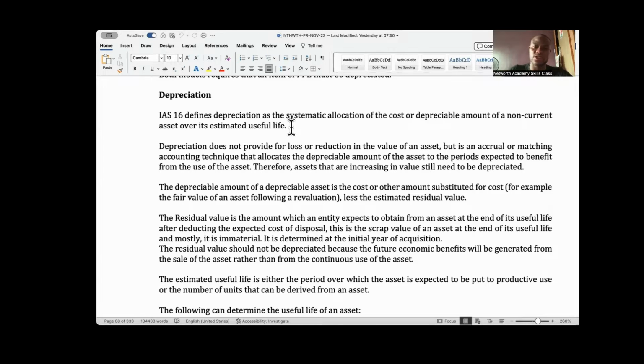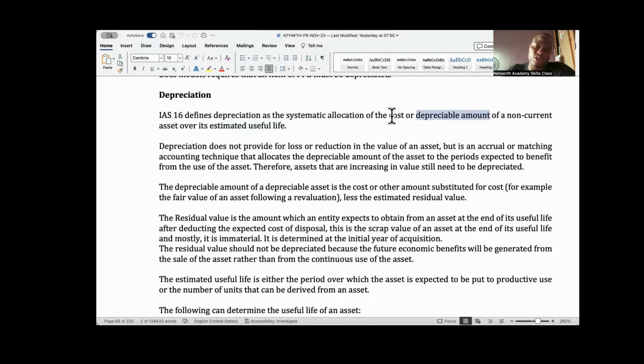Then this definition, we looked at it one by one because it has 3 key elements, one of which is systematic allocation. The second is cost or depreciable amount. And the third is estimated useful life. Then we looked at each of them one by one. We mentioned that depreciable amount is simply cost minus residual value.